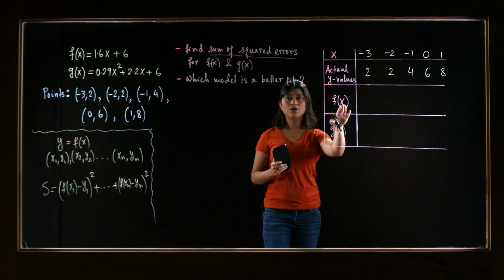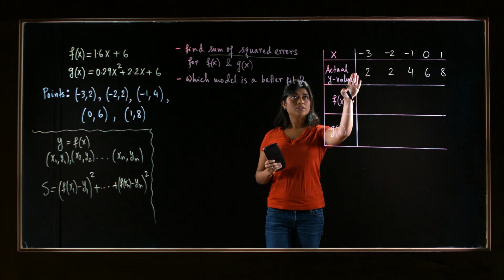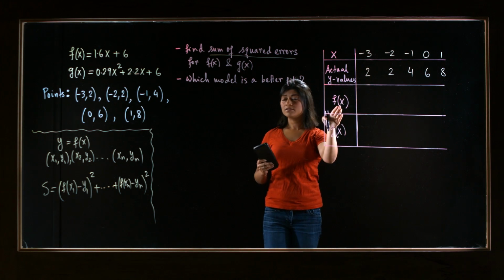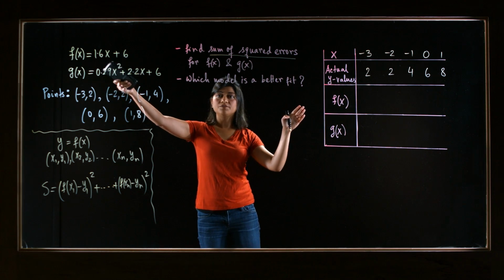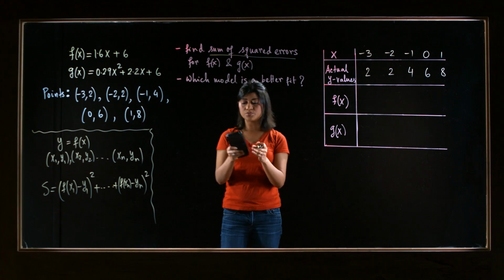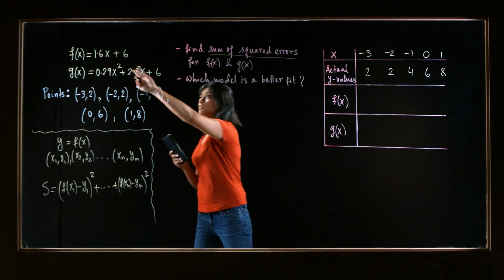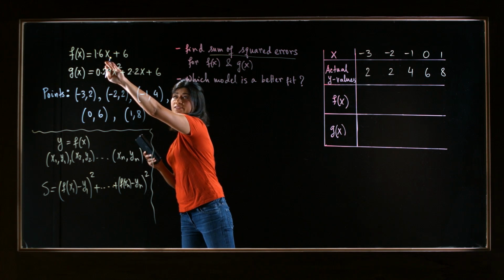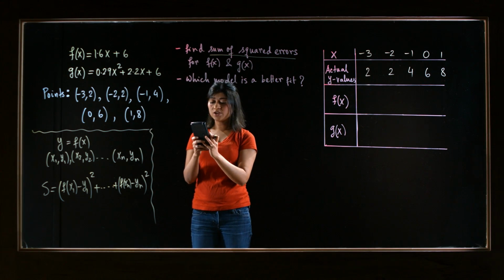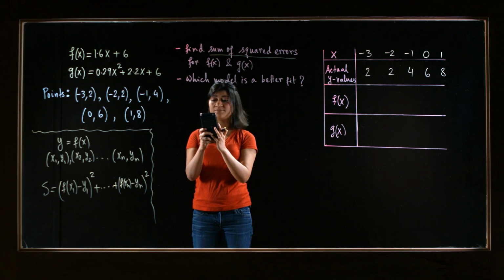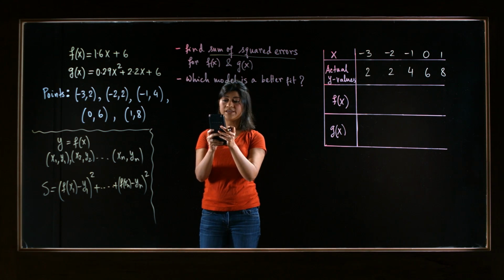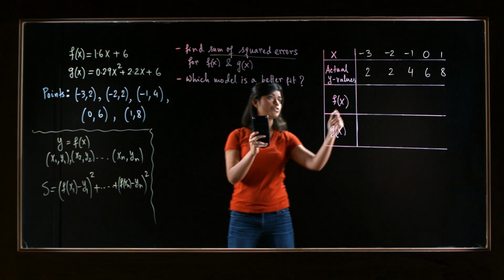And now we will plug in the x value in the linear model given by the function f. So let's start with that. First we will plug in -3 for x in this expression. So you plug in 1.6 times -3 plus 6, and you get 1.2.